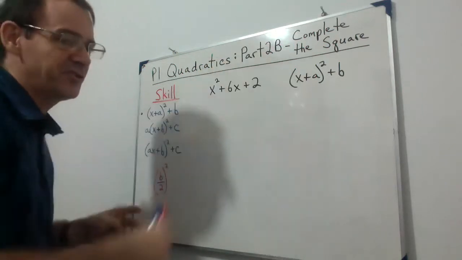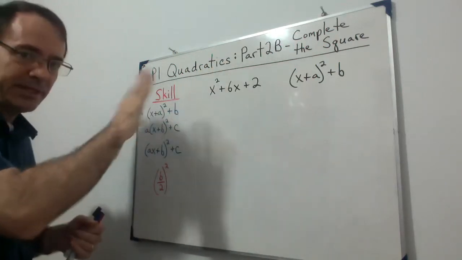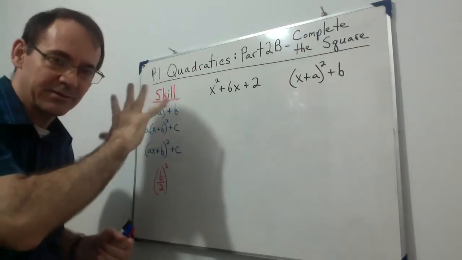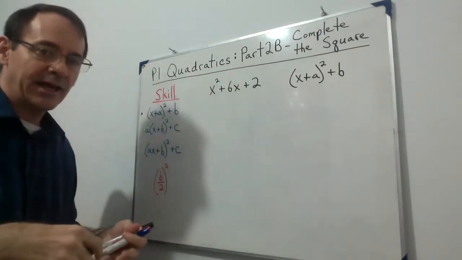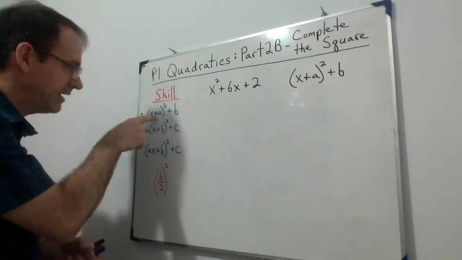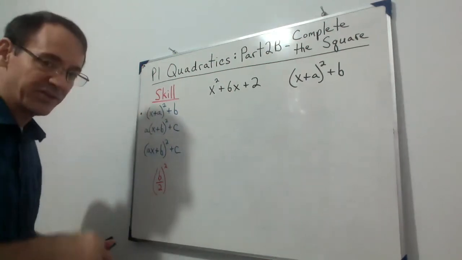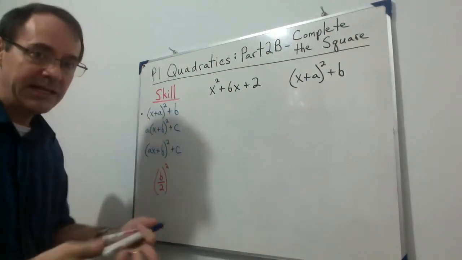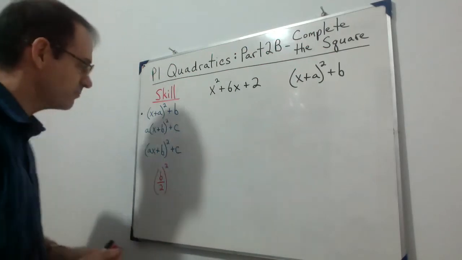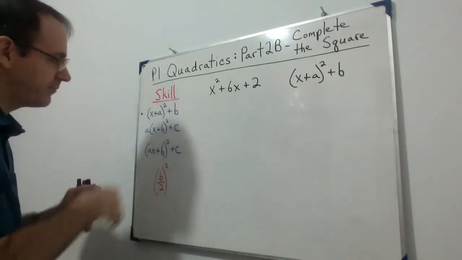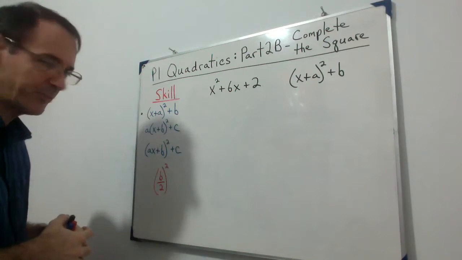So in the part 2A, I said this B number, we don't care about it. It doesn't mean anything. And what I meant by that is it doesn't mean anything with respect to completing the square. It does have meaning in the applications, okay? So this first level just has 2 numbers that you come up with.